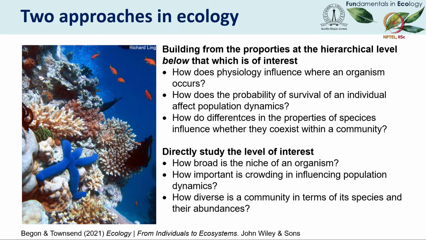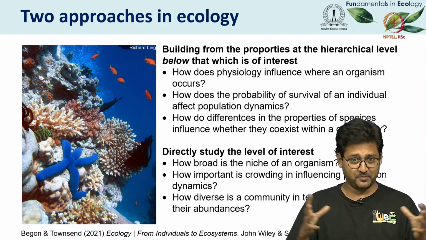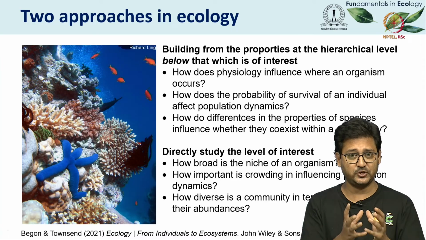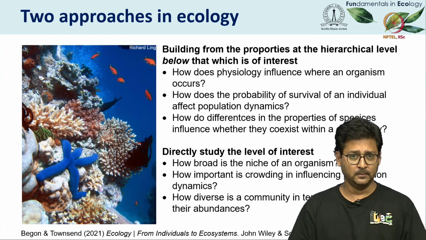I can go to the level of the individual, because a set of individuals is what is making up this population. So I can go from the population level to the individual level and I can ask, what is the probability of an individual surviving, or what is the probability of an individual reproducing and creating offspring? That's one level below the population because it's a set of individuals that actually creates the population.